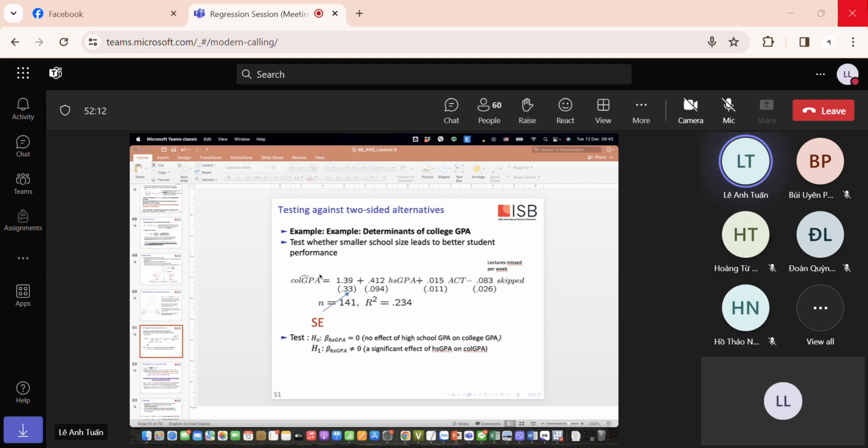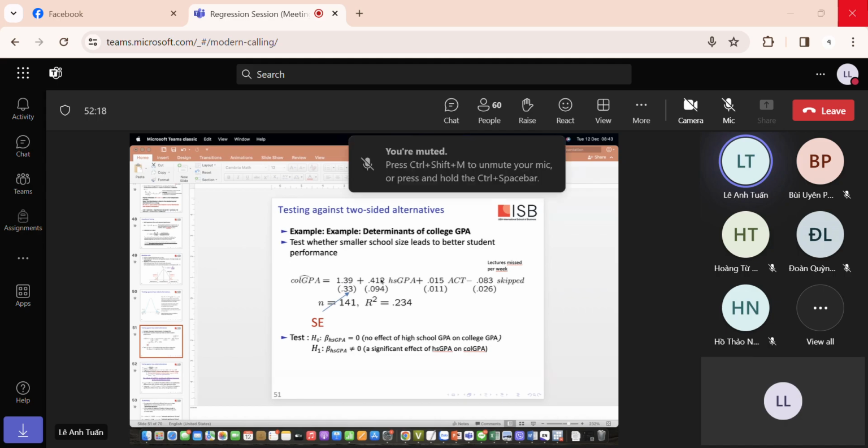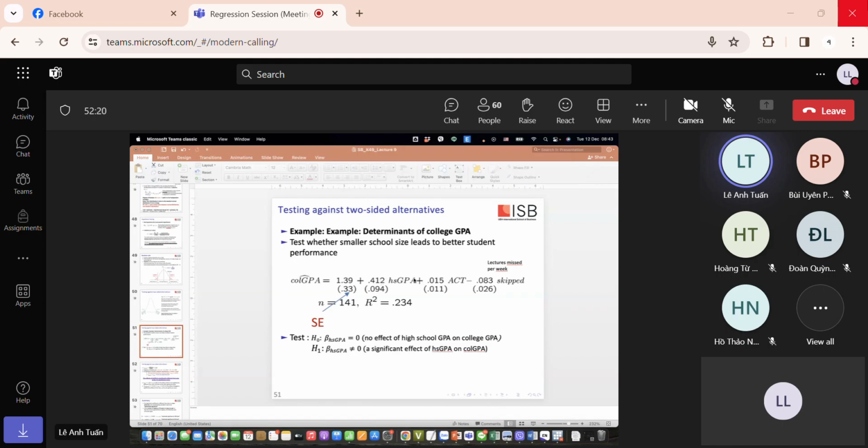That means we have the fitted value of the dependent variable, the constant, the coefficient, and the independent variable. You already know the sample size and the R square. In addition to the coefficient here, we also report the standard errors.